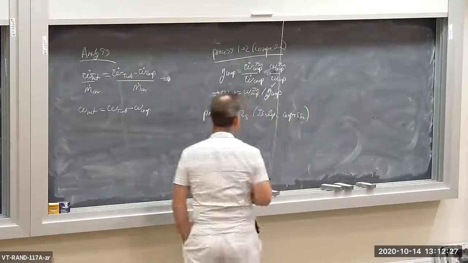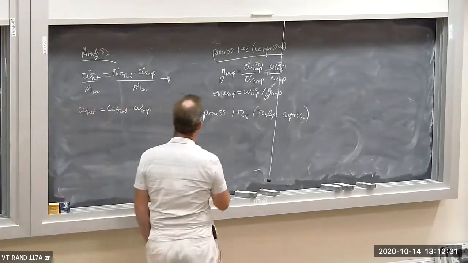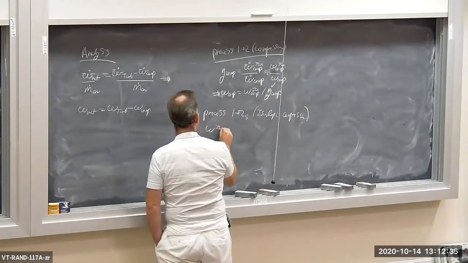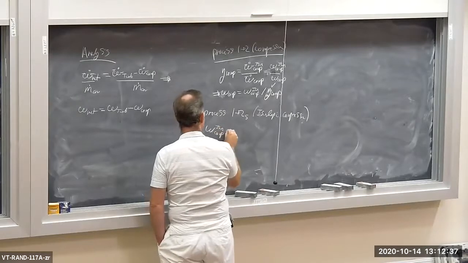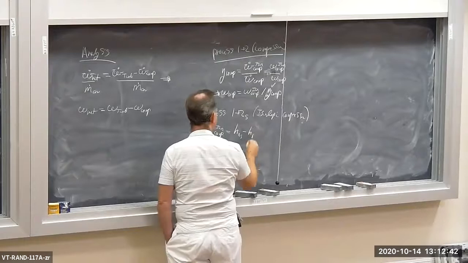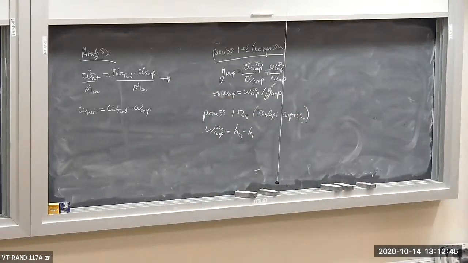So let's look at process 1 to 2 sub S, which is the process for the isentropic compressor. If I apply the energy balance, I get W isen compressor is equal to H2 sub S minus H1. That's from the energy balance. No change in kinetic and potential energy, no heat transfer, steady state. It's all steady state.